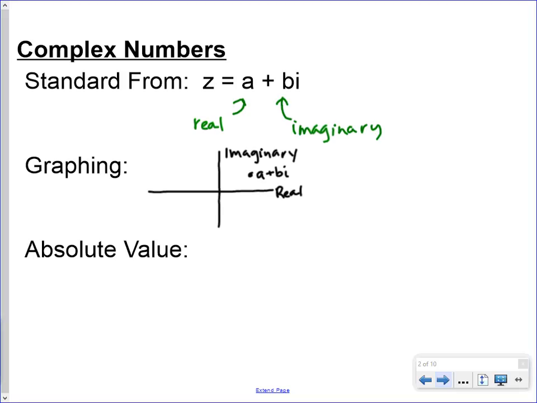So does anybody have a definition for absolute value just in terms of real numbers? What does the absolute value of a number mean? The distance the number is away from zero. Yeah.